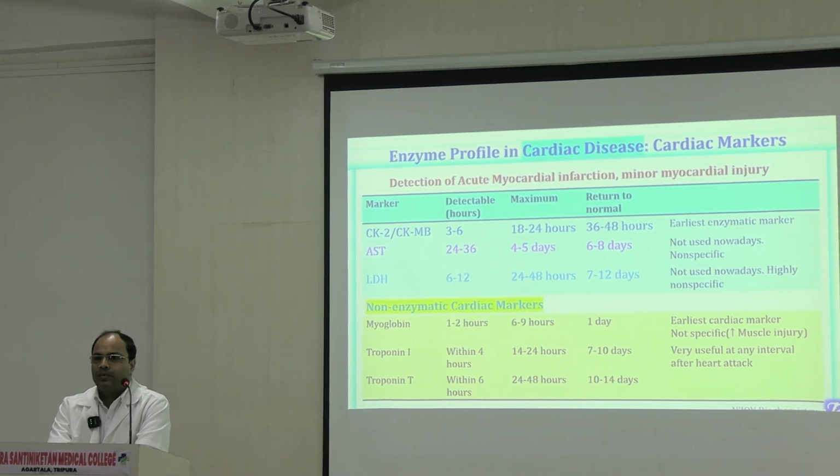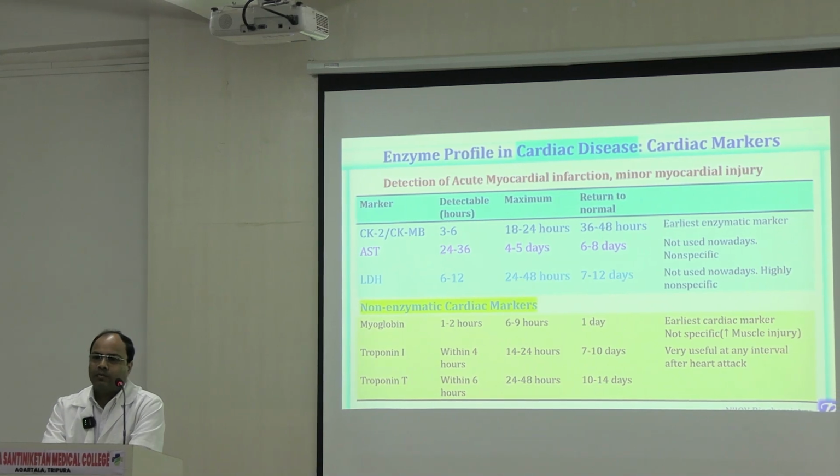Anyone tell me what is the symptom of heart attack or acute myocardial infarction? Chest pain. This is the most important sign. Apart from that, the patient may come with hemodynamic derangement like low blood pressure or maybe high blood pressure.